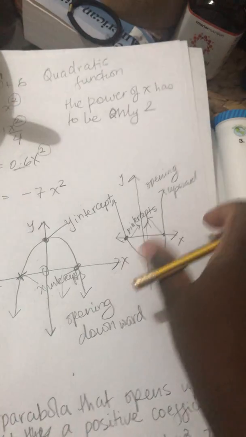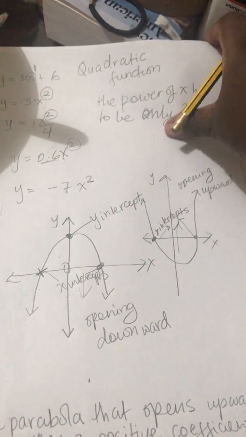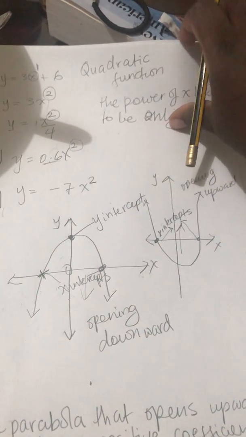Okay? Then the parabola that opens downwards. Remember, I am using vocabulary because you also have to use vocabulary. So instead of calling it a graph, you now call it a parabola because you're speaking of quadratic functions.